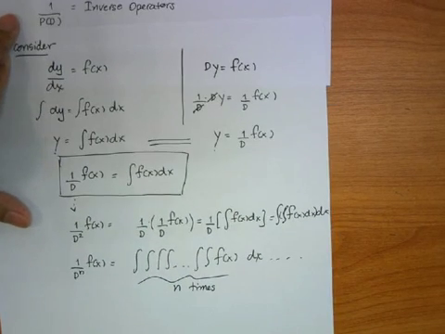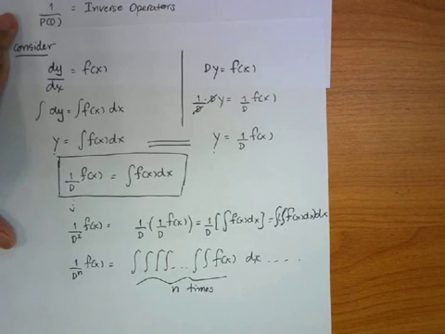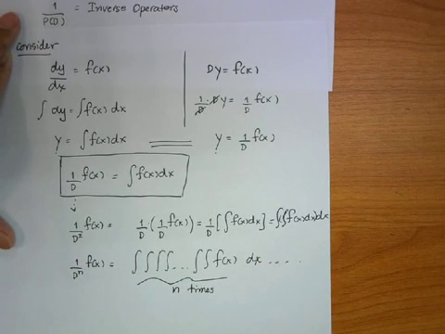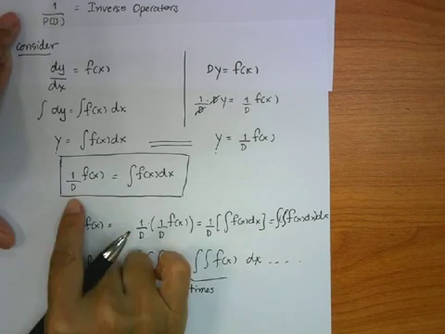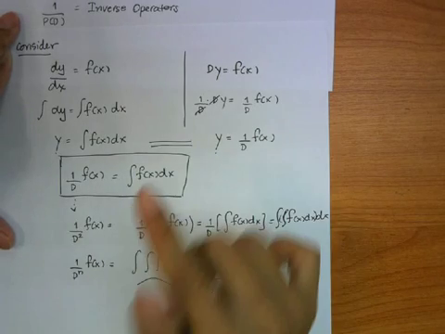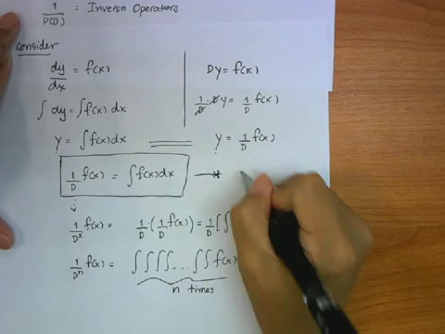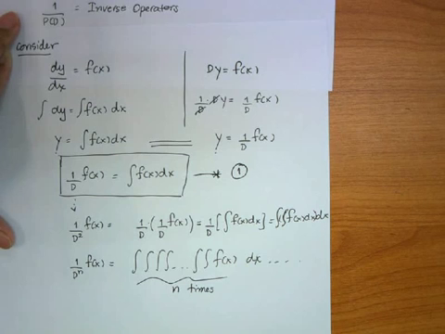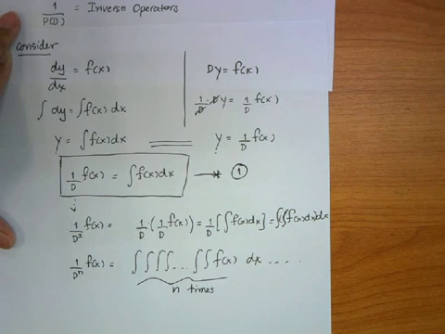If you have 1 over D times f(x), it's equal to the integral of f(x) dx. If you have 1 over D squared, it means you do two integrals successively.